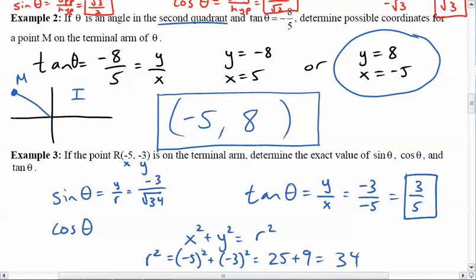And I just put in my value for y. And cosine is x over r, so negative 5 over root 34. And you can find cotangent and secant and cosecant just by flipping the fractions over. And don't rationalize the fractions, please.